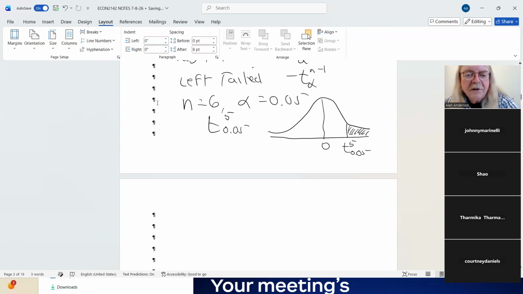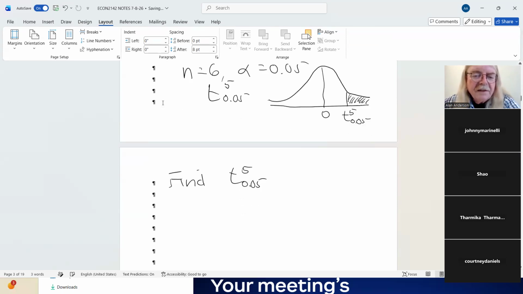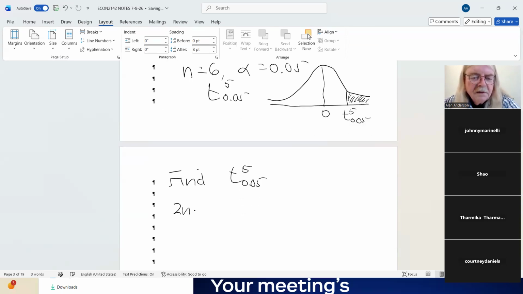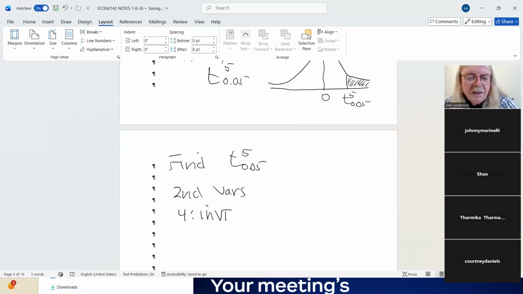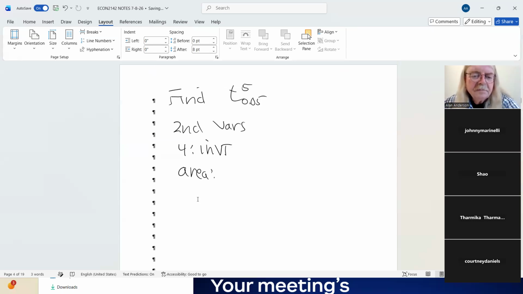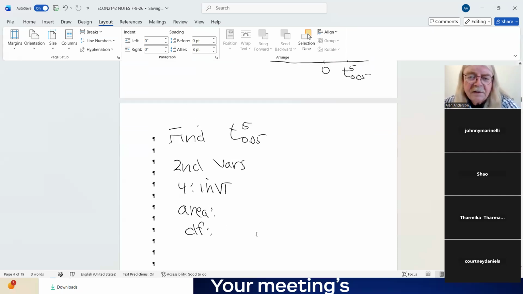Now we can look this up in the calculator by using INVT, which stands for inverse of the t distribution. And it's going to ask you for only two things, the area and the degrees of freedom. And of course, as always, the area means the left tail.